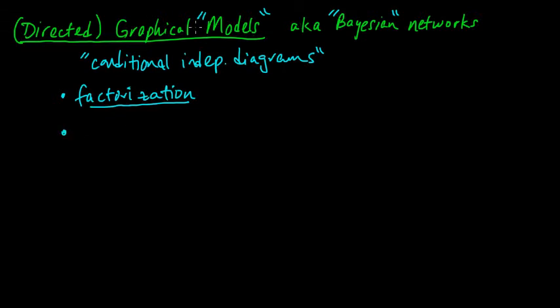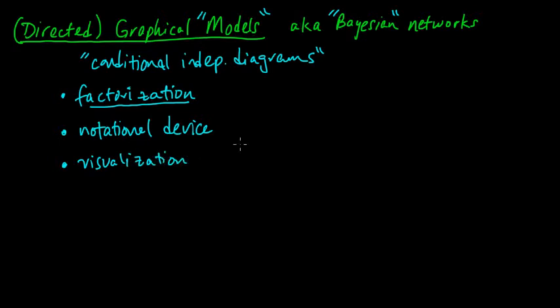So why are they called graphical models? Where does the graph part come from? Well, the graph part is a notational device that's extraordinarily useful for visualization of two closely related things. The first one is, as I said, the conditional independence properties of a probability distribution.